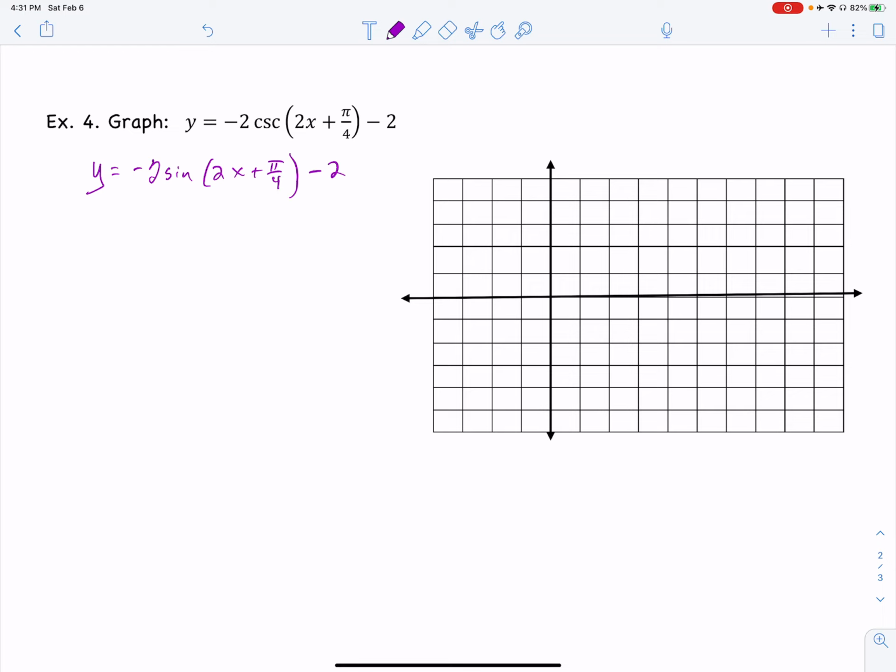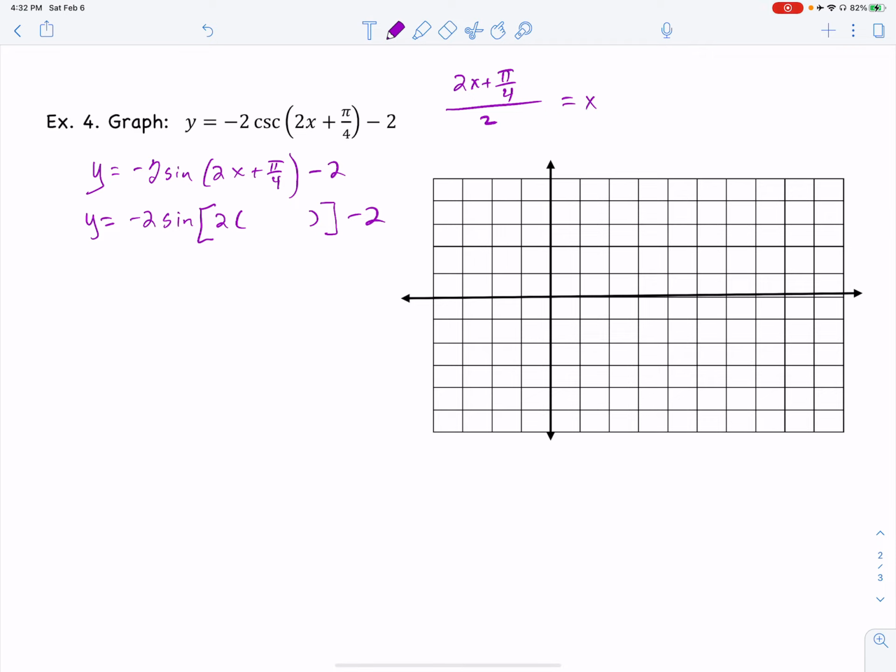And this has a b value other than 1, so I need to make use of structure. I need to rewrite this where I pull out the 2. And again, when I'm pulling out the 2, I'm really dividing each term by 2.